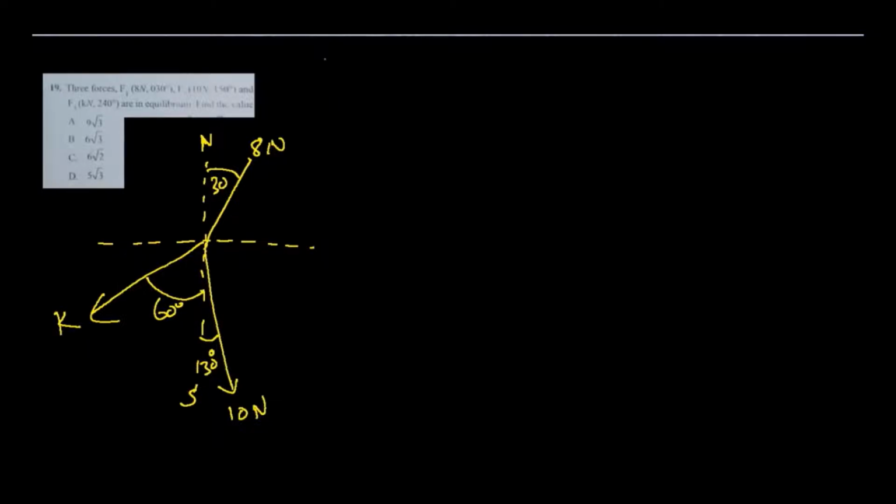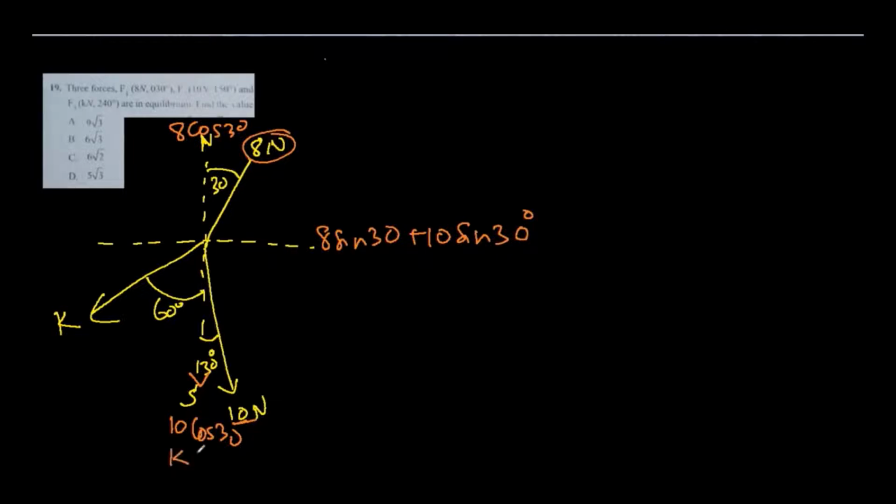So we can use the component form. So let me write the components of this. Towards north, the component of 8 Newton will be 8 cos 30. Here it will be 8 sine 30. This downwards component of 10 Newton will be 10 cos 30, and it will be 10 sine 30 in this direction. For k, it will be k cos 60 downwards and k sine 60 to the left.